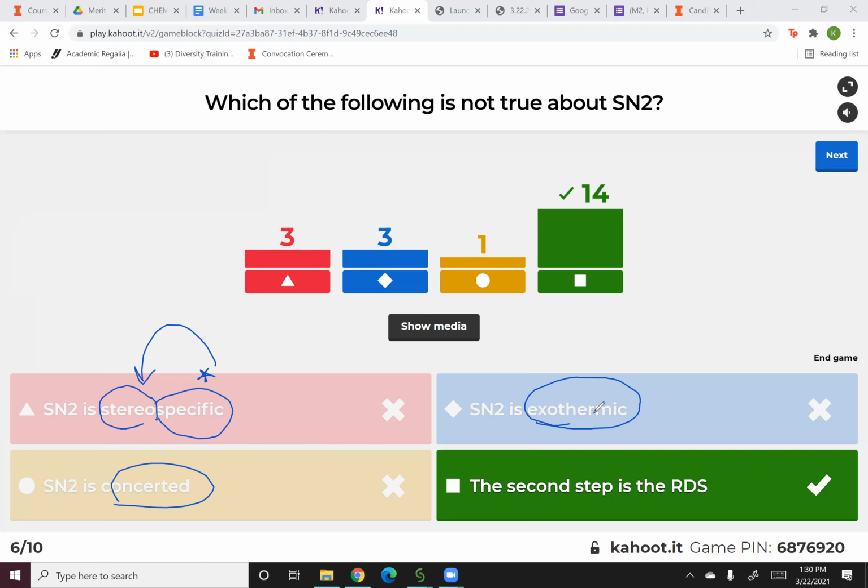With an exothermic reaction, we know the reactants are less stable, so the reactants will look more similar to the transition state, which is why you have that early transition state. Does anybody have any additional clarifying questions on this? No? All right, okay. So then let us continue.